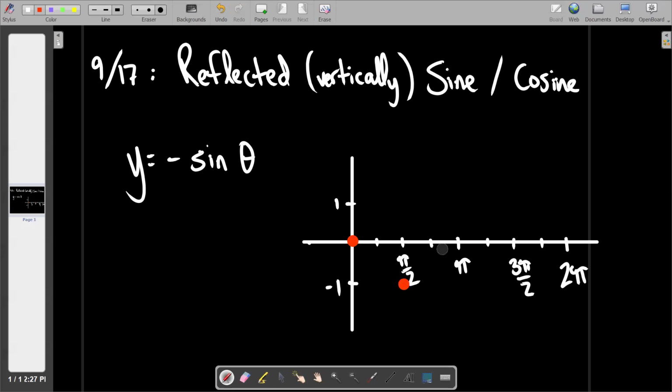And then, of course, at pi, we're, as we would expect, back to 0. And then at 3 pi over 2, we're up to 1. And then at 2 pi, we're, of course, back to 0. The points at which the graph touches the midline don't change, because negative multiplication doesn't affect the number 0. So the midline points stay the same, but the ups and downs are just flip-flopped. So that's what one reflected period of the sine curve looks like.